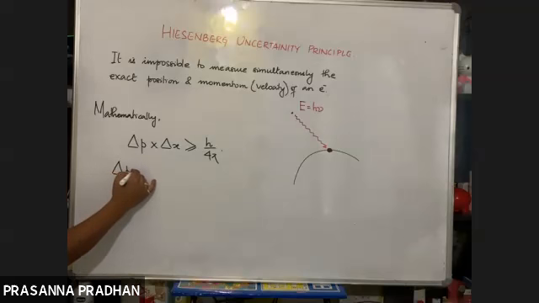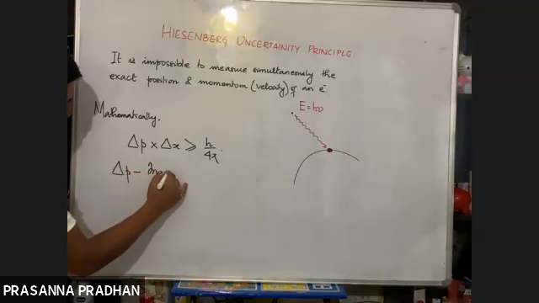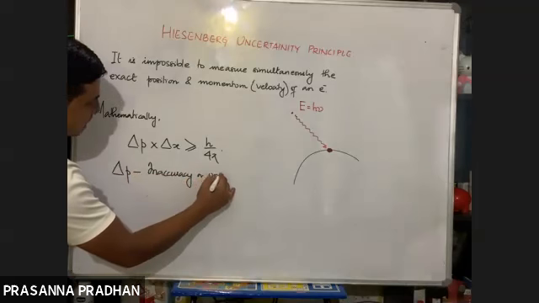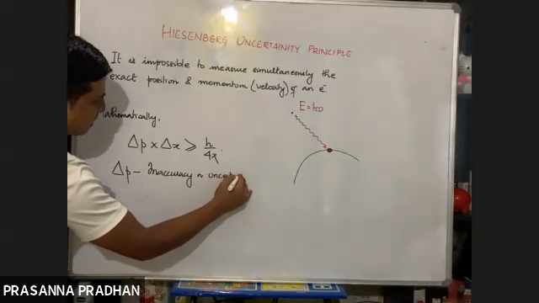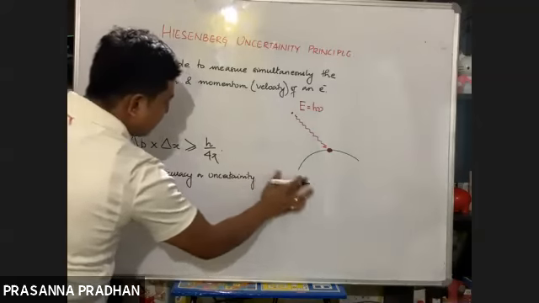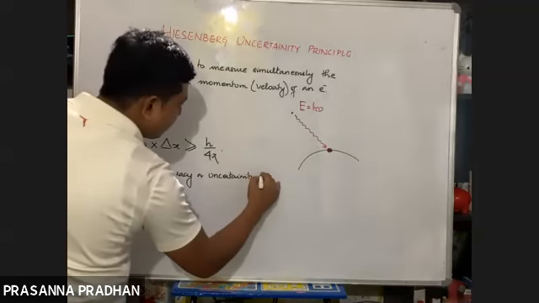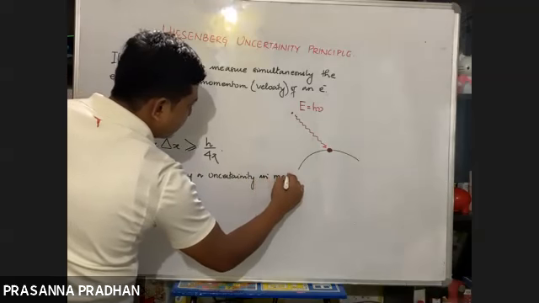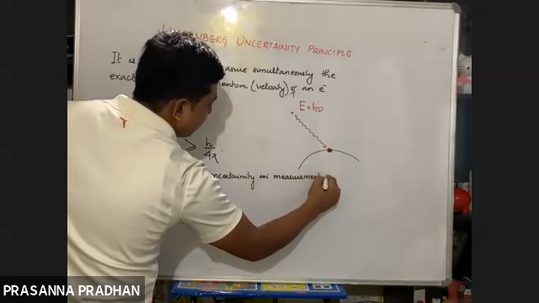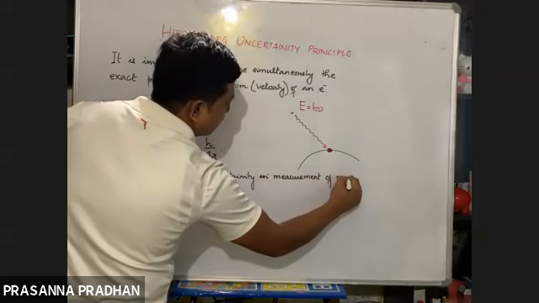Delta P is the inaccuracy or uncertainty in the measurement of momentum.